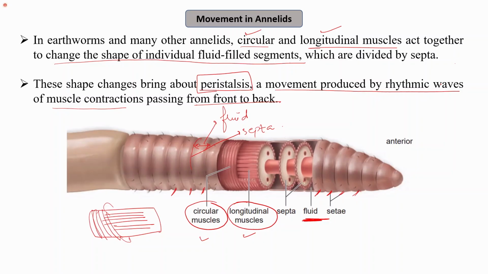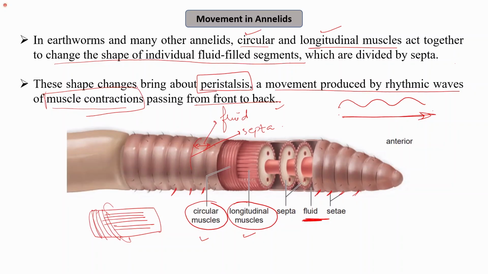In a similar way, the muscle contraction from front to back helps in the movement. This is a rhythmic contraction and relaxation, and the production of rhythmic waves of muscle contraction helps in the movement of the organism in the forward direction.